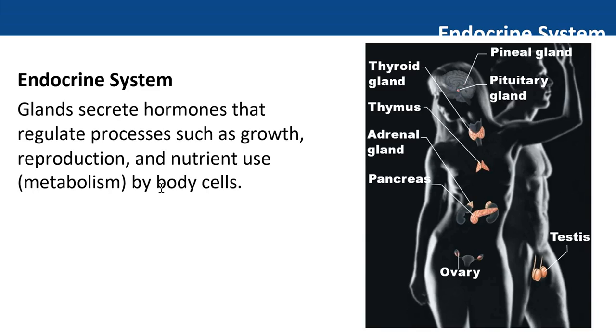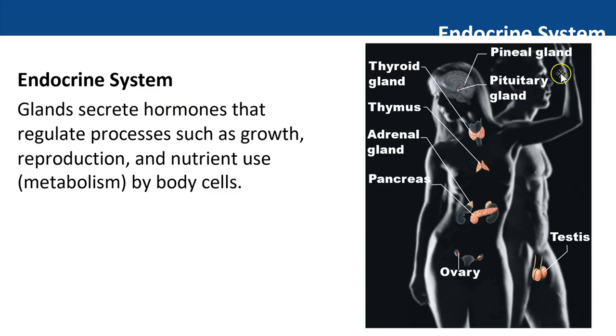The endocrine system, like the nervous system, controls body activities. So this is the second controlling system in our body. In the endocrine system, we have the endocrine glands, which secrete hormones and release them directly into the bloodstream.